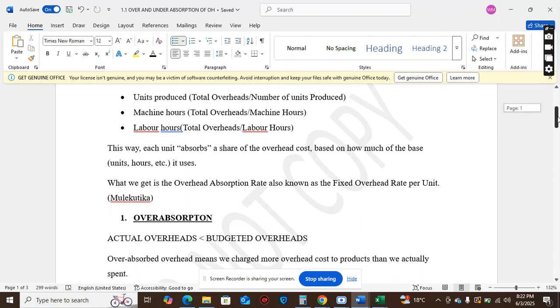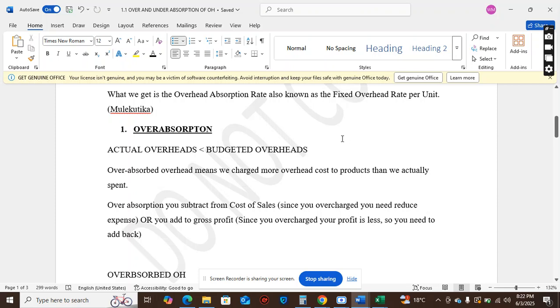Right. Now we've got what we call over-absorption and under-absorption.